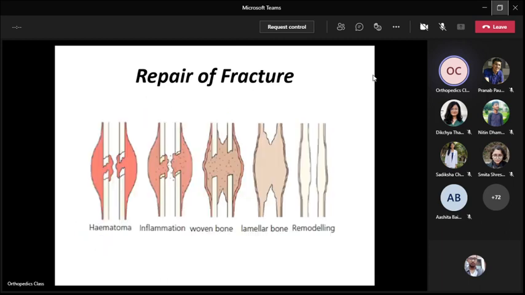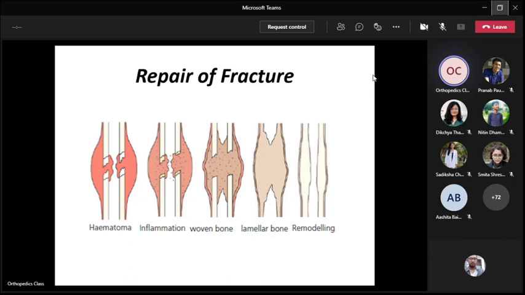And there are different stages of fracture repair. Whenever there is a fracture, the fracture hematoma is there. The bones are broken, they send signals, and inflammatory cells come over there and get organized over certain days. They produce woven bone, and the cellular matrix and all those things are deposited over there.